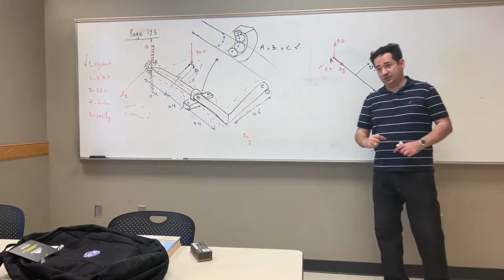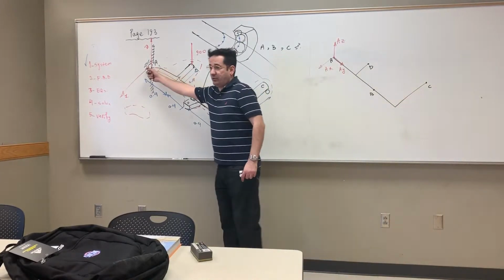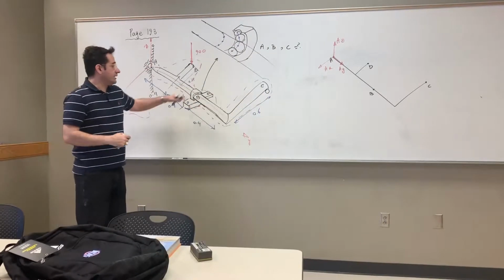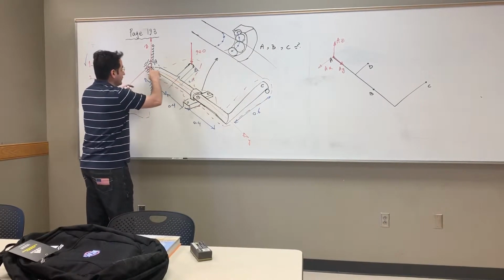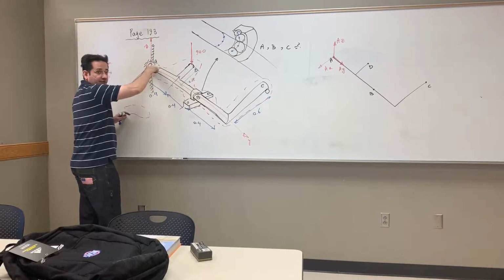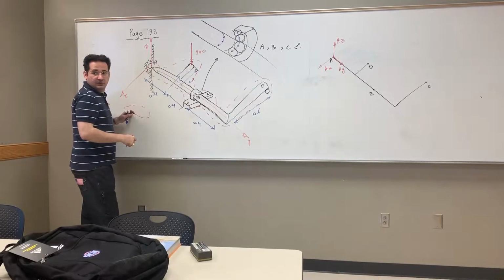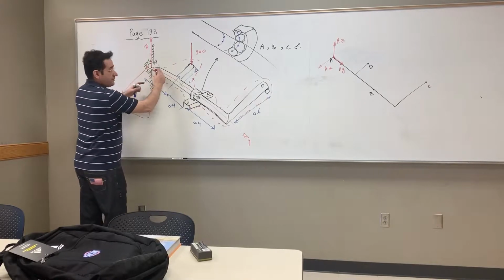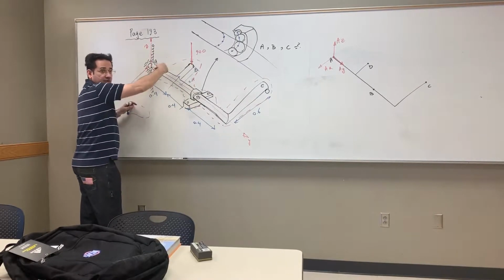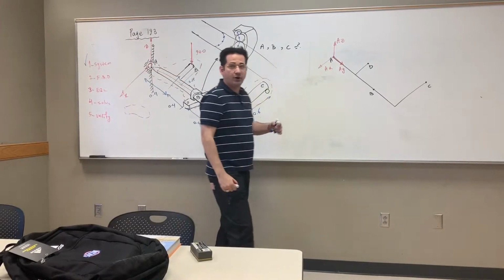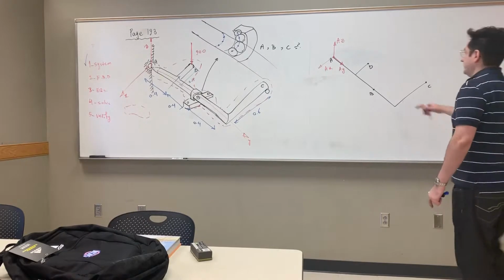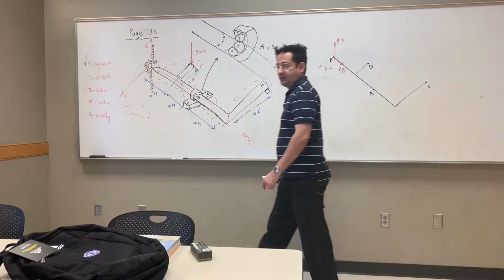If this was welded at this point, you would put MX. Now can I rotate it about the Y axis, just this part? Yes. What about Z? Can I rotate it about Z? Yes. So no MY and no MZ. Okay? So only three unknowns.